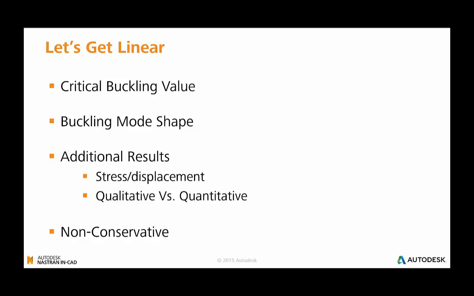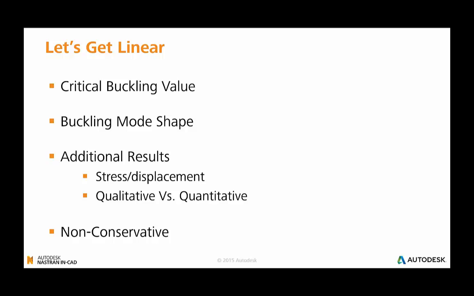When you're doing a linear buckling analysis, one of the things that you're going to obtain is the critical buckling value. You'll also get the buckling mode shape, so we're going to see how the part deforms. And we'll also get to see the stress and displacement. Note, however, that these values are not quantitative and are only relative to one another.